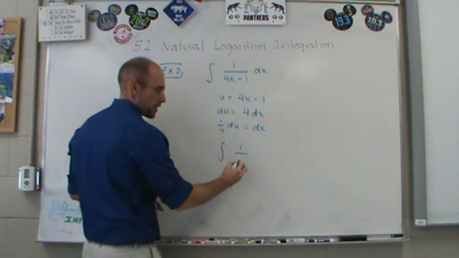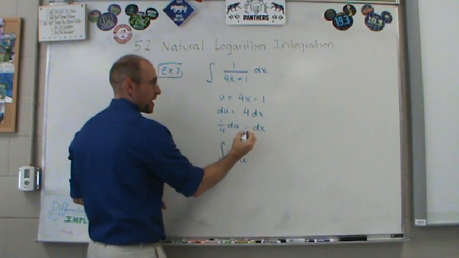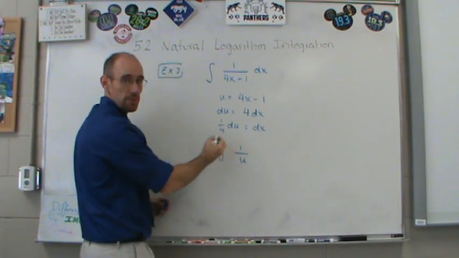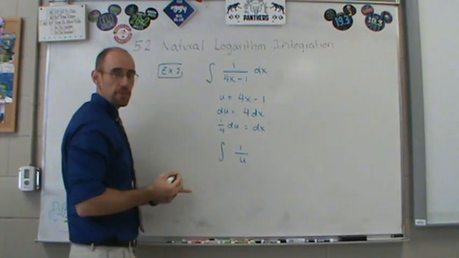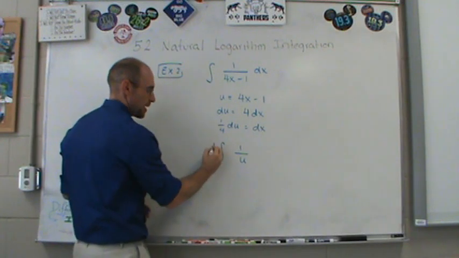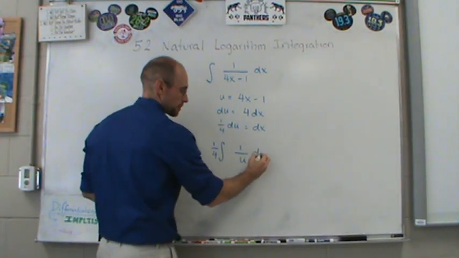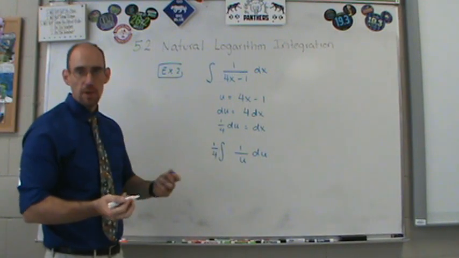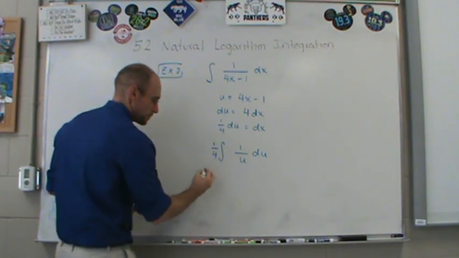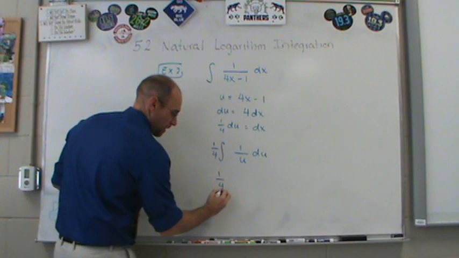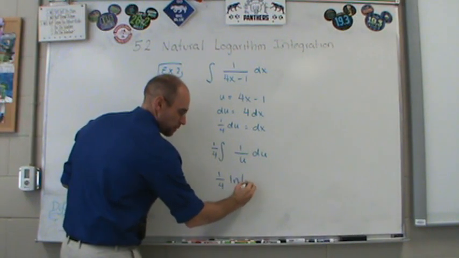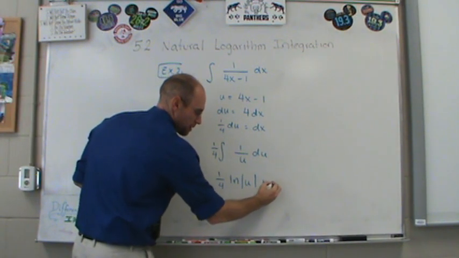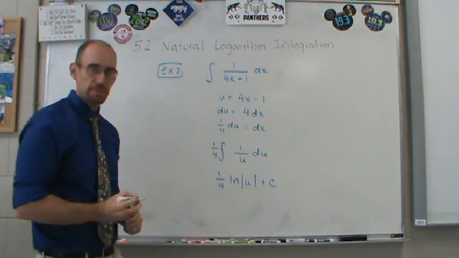So now we can go and substitute this in. We can replace the 4x minus 1 with u, and the dx can be replaced with 1/4 du. Now that 1/4, because it's a constant, I can just bring it out. And here what I have is 1 over u du. Well, that's just our natural log of u. So natural log absolute value of u plus c.